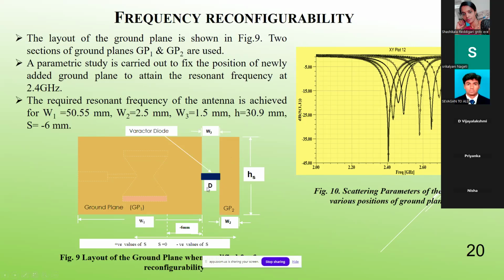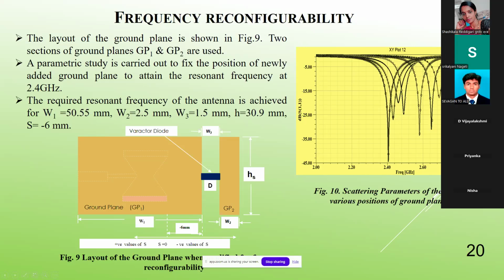The datasheet is where we get the numbers and values. And this distance is W3, or the width is W3. And for W2 of GP2, here we have gone for a parametric study with different values like 6 mm, 4.5 mm, 3 mm, 1 mm, 2.5 mm.